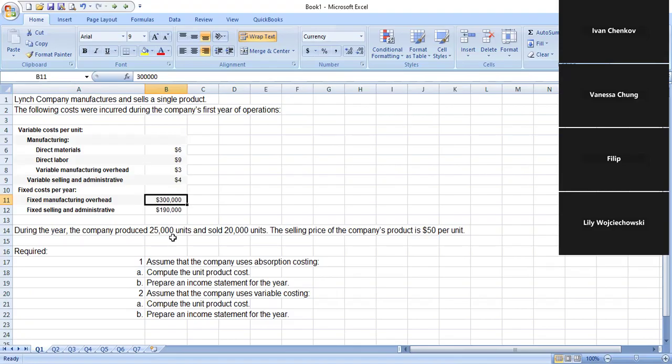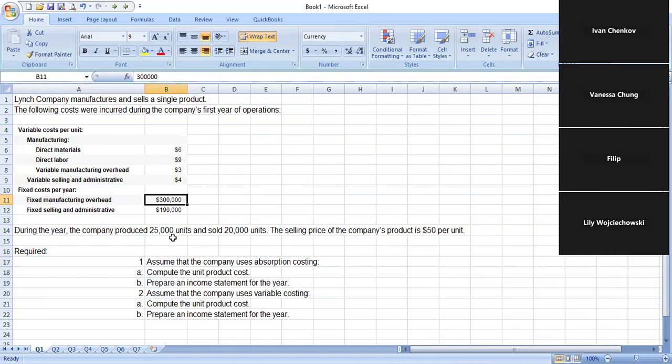Since it's the first year of operation and you're doing variable versus absorption, you already know that if the beginning balance is zero, then what comes into play is production versus sales.